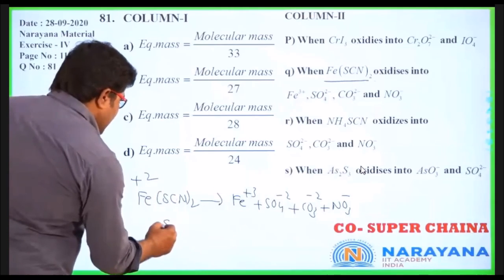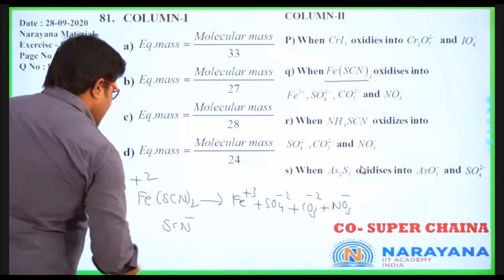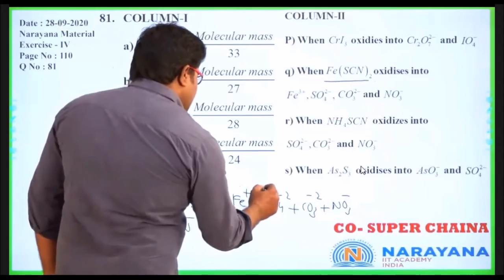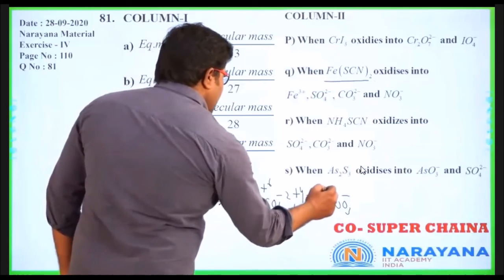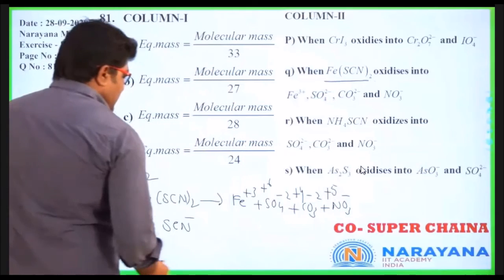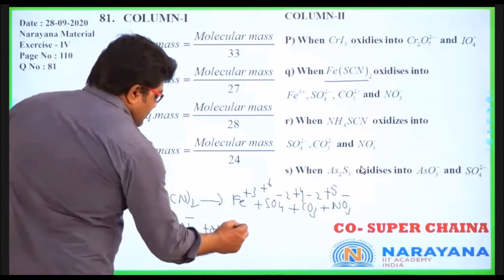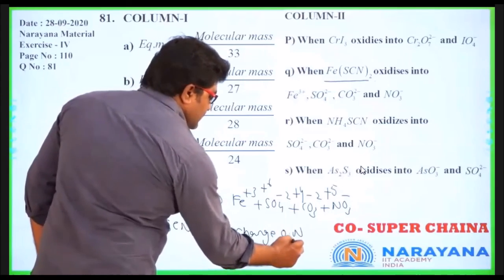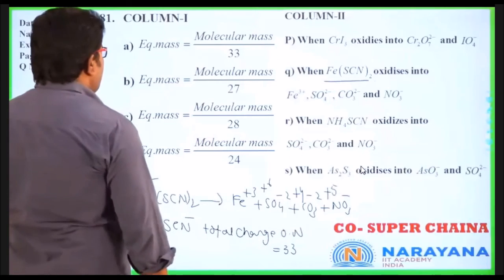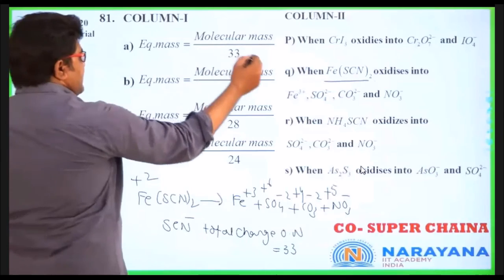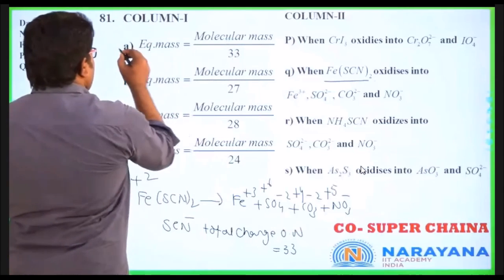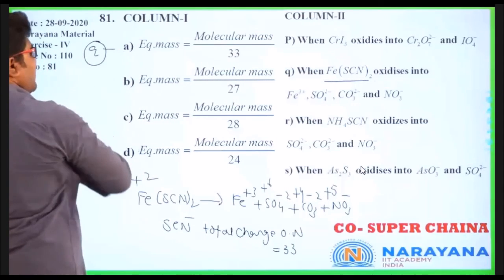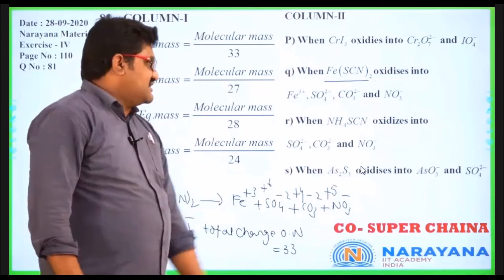So from here the total change is plus 6, plus 4, plus 5. The total change in oxidation number, if you find, that is equal to 33. So for option A, molecular weight by 33 is for this one. Okay, for A, Q is correct, because n factor is 33 if you calculate the total change.